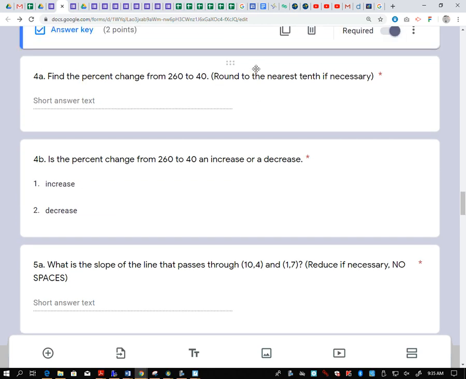Okay? Percent change on 4A. Find a percent change from 260 to 40. Round your answer to the nearest tenth if necessary. How do I find percent change? Somebody know what the formula is? New minus original over original.